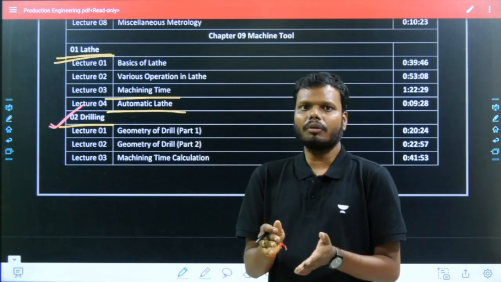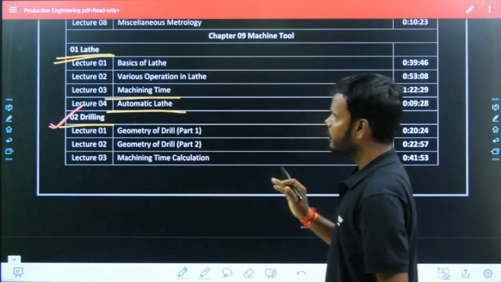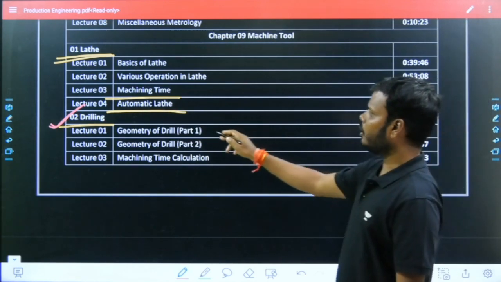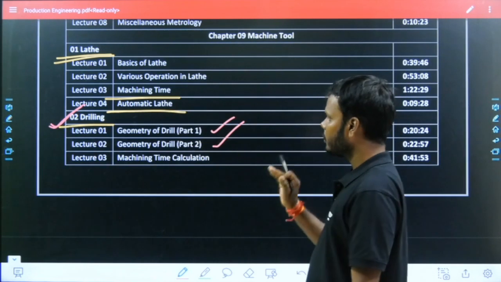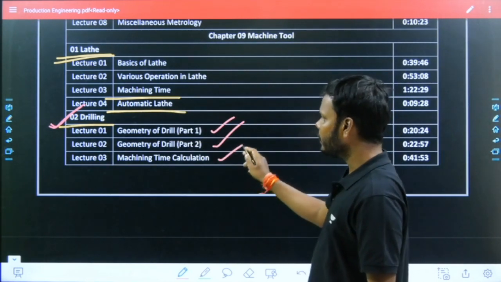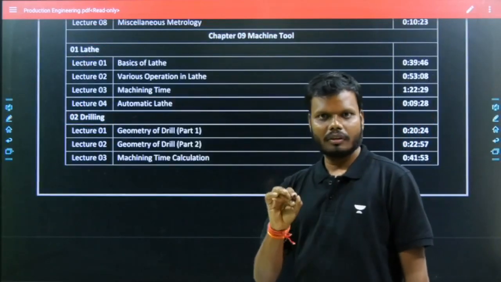Out of these three, one numerical is asked. Drilling and geometry of drill, part 1 and part 2, are covered in a very good manner, in detail. Machining time calculation is also asked in the GATE examination.